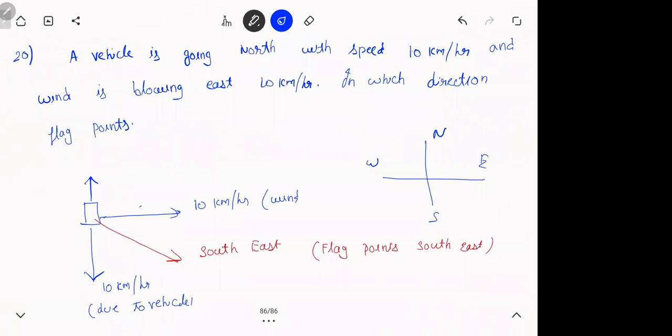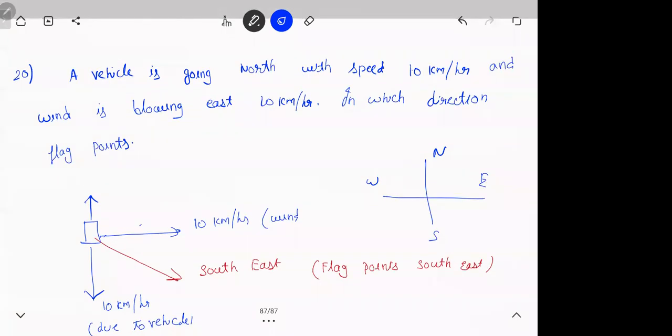Okay. Last one. A ship is going southwest with 20 √2 kilometers per hour, and wind is blowing south at 20 kilometers per hour.